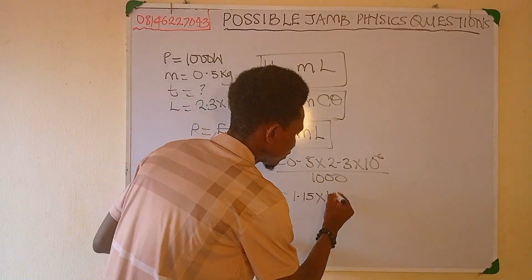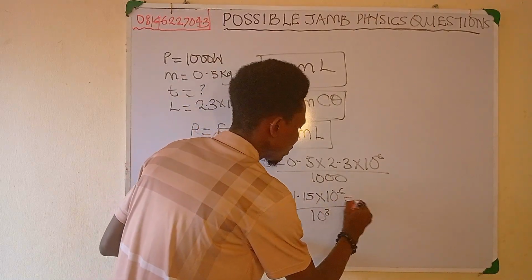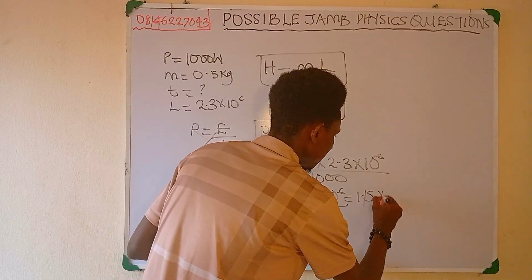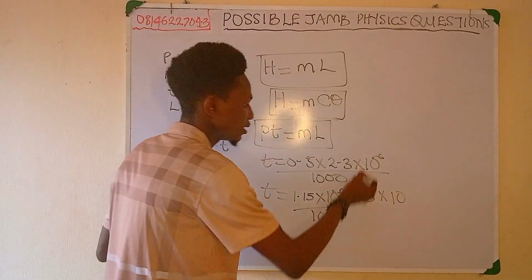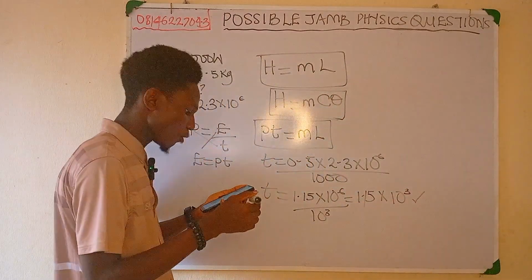Then I'm left with my 10 raised to the power 6 over 10 raised to the power 3. So if I bring my 10 raised to the power 3 over, I'm going to get 1.15 times 10 to the power 6 minus 3, which gives you 3. So I should have option D.